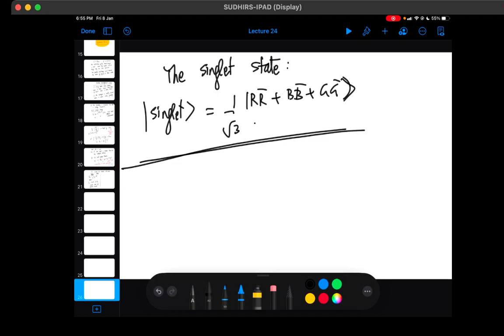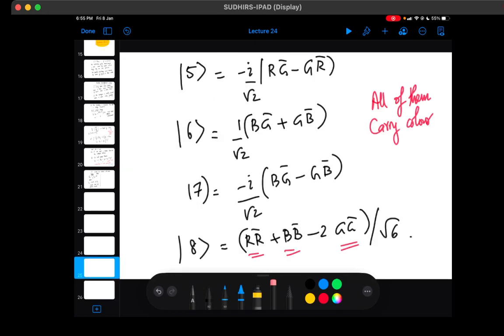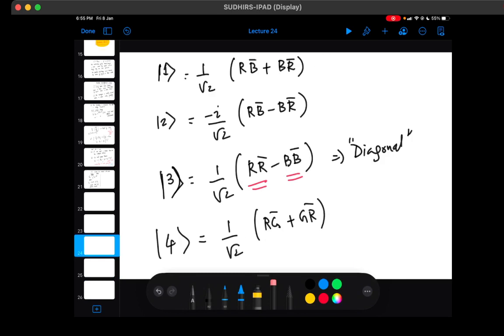Okay. So with this, now you see that the gluons carry color. So there are these 8 gluons, and these carry colors.